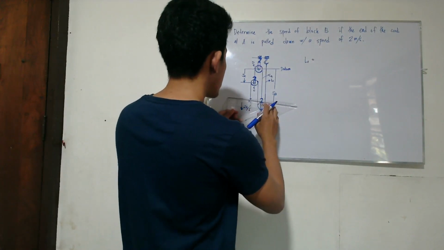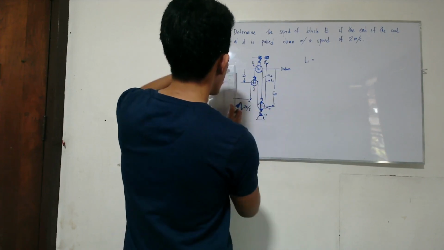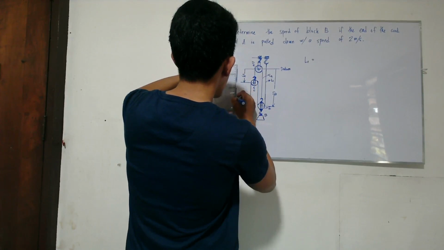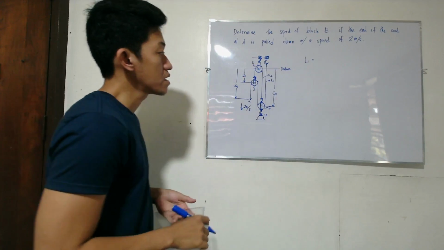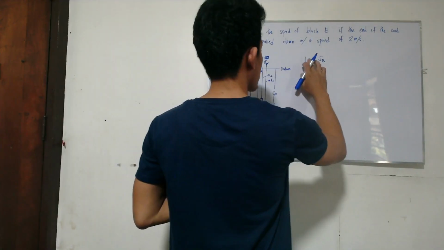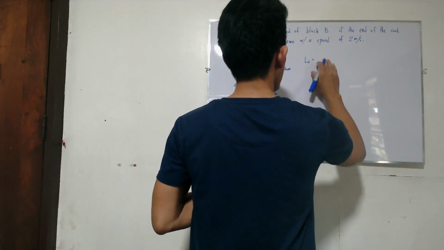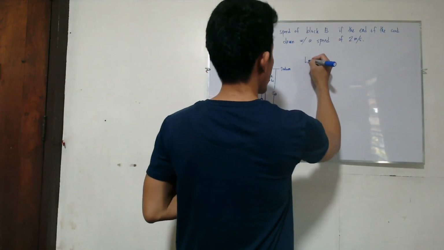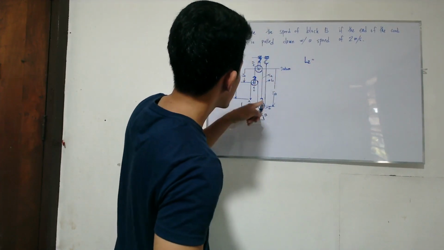And this one, S sub A, again going downward, positive. Let's first get the equation for L sub 2.